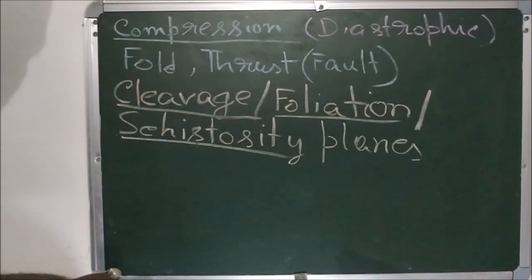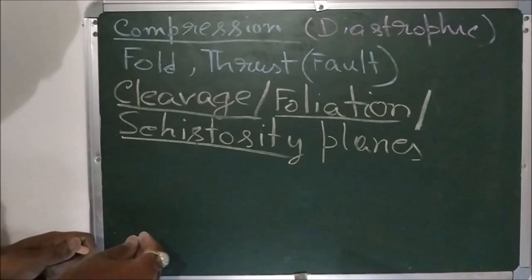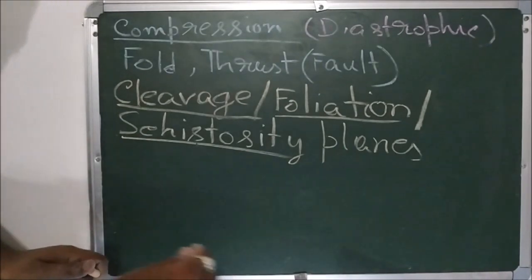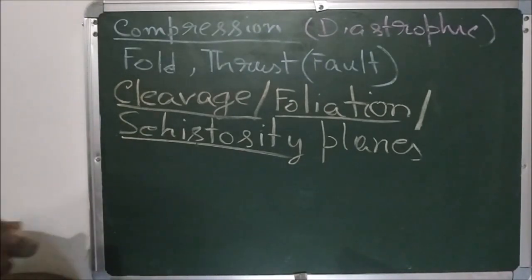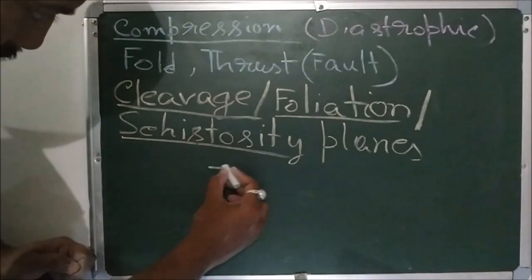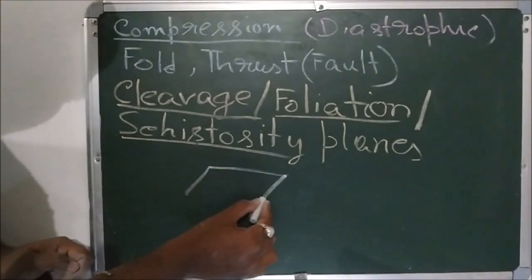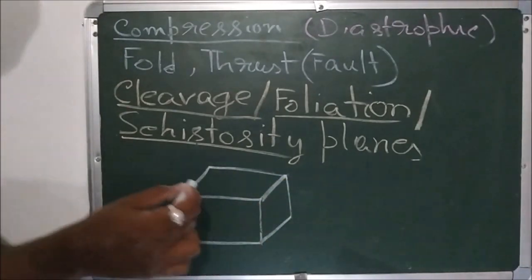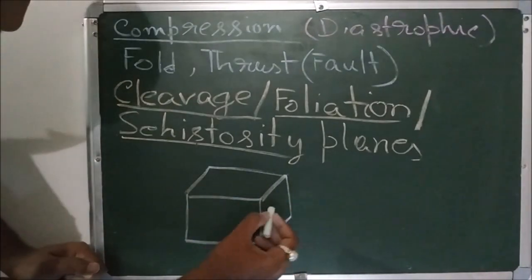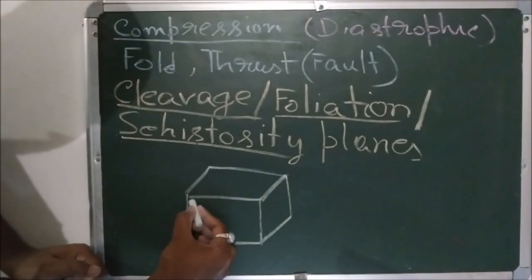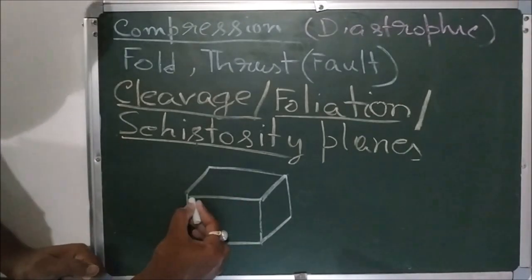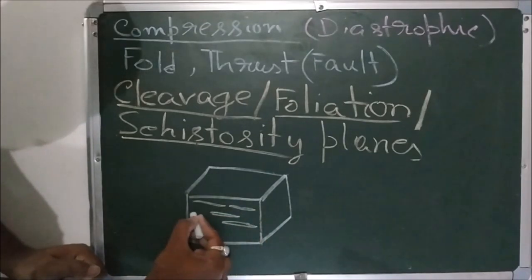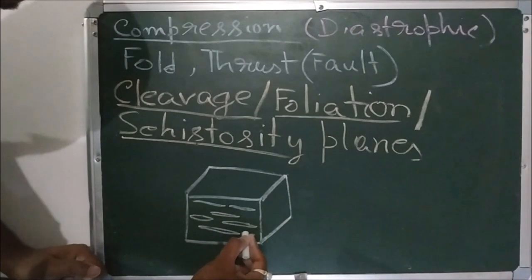And sometimes during intense deformation and tectonic movement, this kind of planar and linear structures both we can see in the same rock. Suppose this is a rock body or cube of rock with intense deformation. There is no plane, everything has become linear, a rod-like feature.